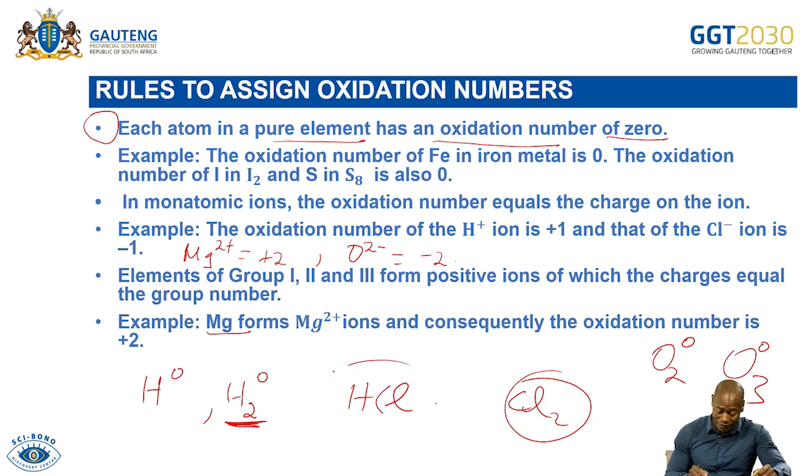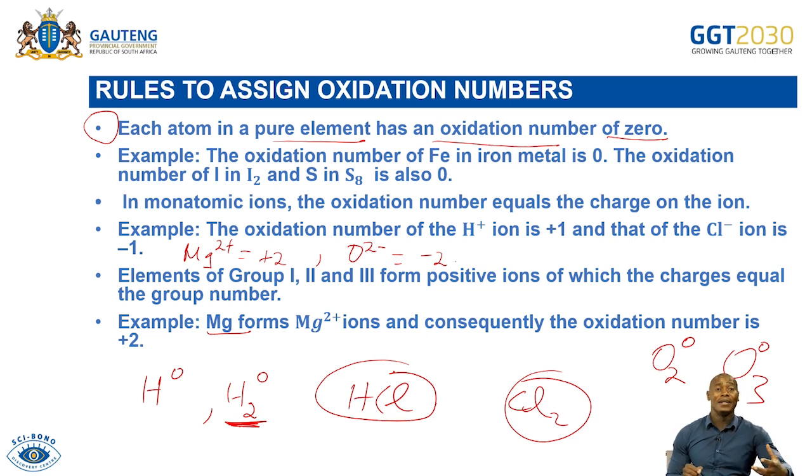But if I have HCl, we can't say it's 0, because it's now mixed with a different kind of atom, a different element. So its oxidation number will change.